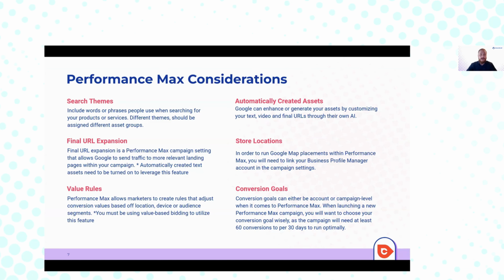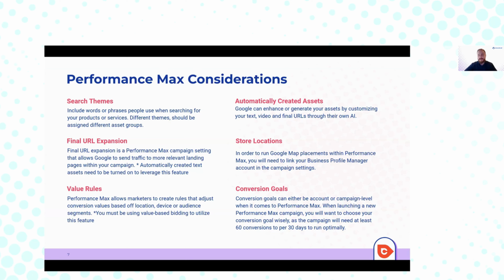And in doing so, pairing with your final URL expansion, this will allow Google to send traffic to more relevant pages within your campaign as opposed to just one singular URL that you may have outlined already. Think of this as the old school Google dynamic ad. This will allow you to essentially go forward from any landing page within your website and leverage that for your Pmax.